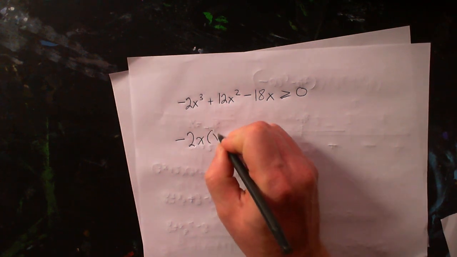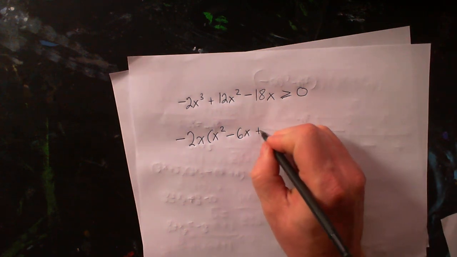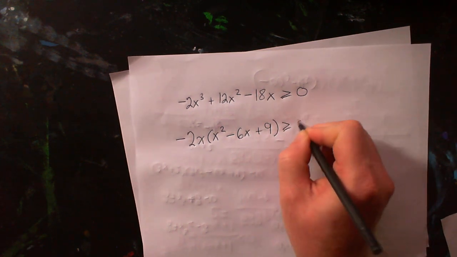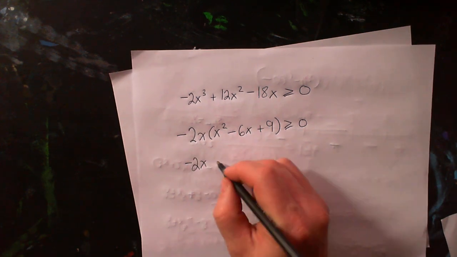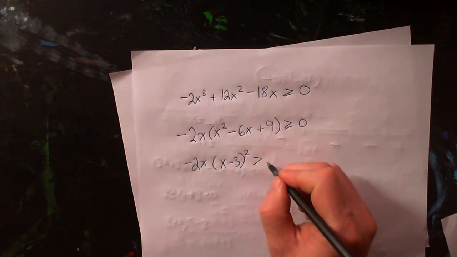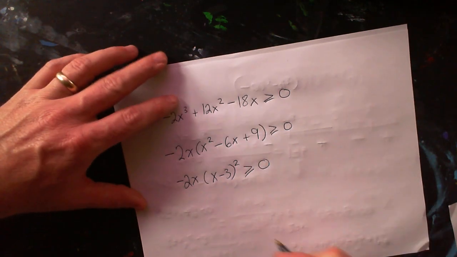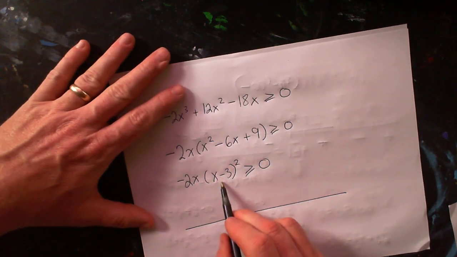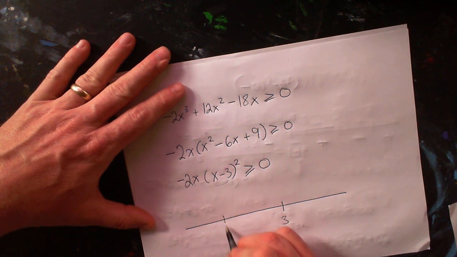That will leave us x squared minus 6x plus 9 greater than or equal to 0. So negative 2x times x minus 3 squared greater than or equal to 0. So when we make our sign line, we must include 3 and 0.